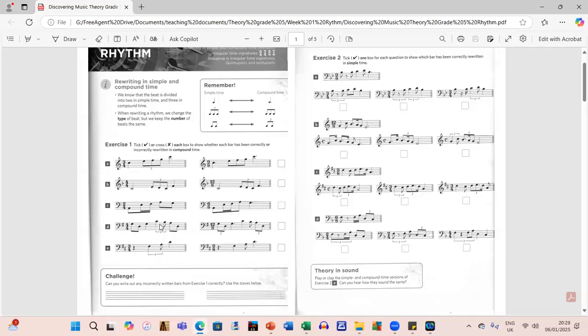Go to beat 3. We've got a triplet. So we're spreading 3 quavers over one beat. 1, 2, 3. So 3 quavers, because they're triplets, they spread that over the whole beat. So if we go to here, because we're in 12/8, this will be a 1, 2, 3, 4, 5, 6, 7, 8, 9.